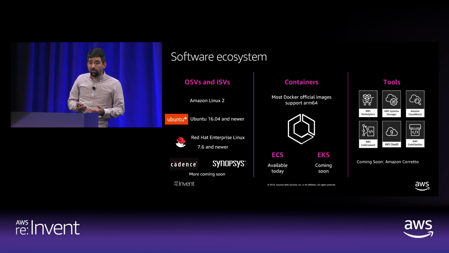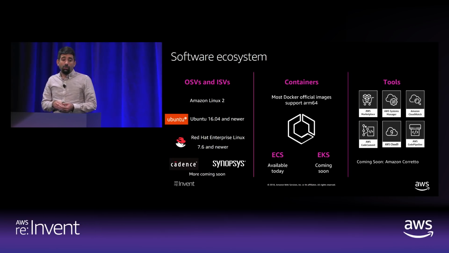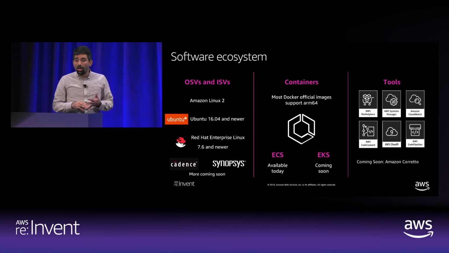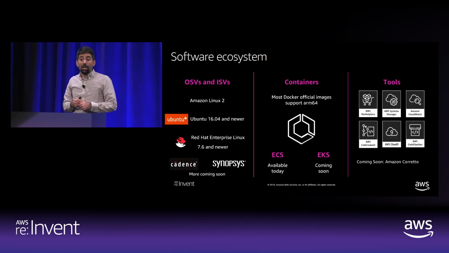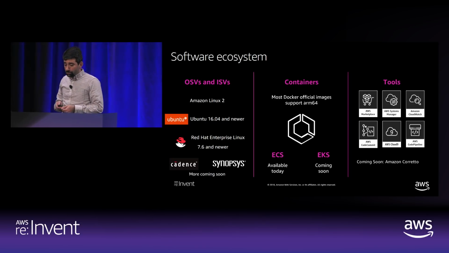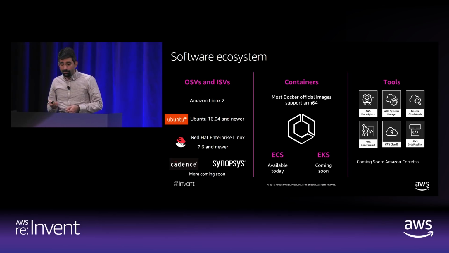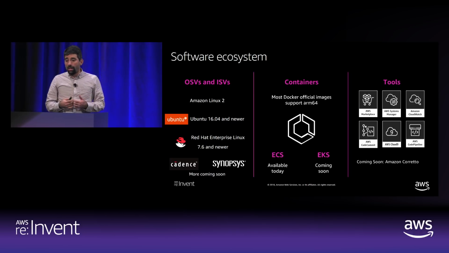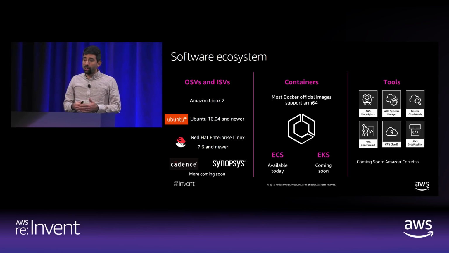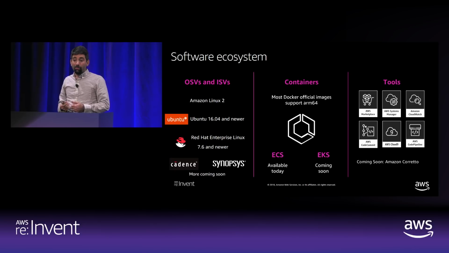And for developers, Cloud9 lets you write, debug, build, and run code in a web browser on an A1 instance today. We also have support for Code Pipeline and Code Commit. And in the near future, we announced AWS Corretto, our supported version of OpenJDK, and you'll see support for that available on A1 shortly.